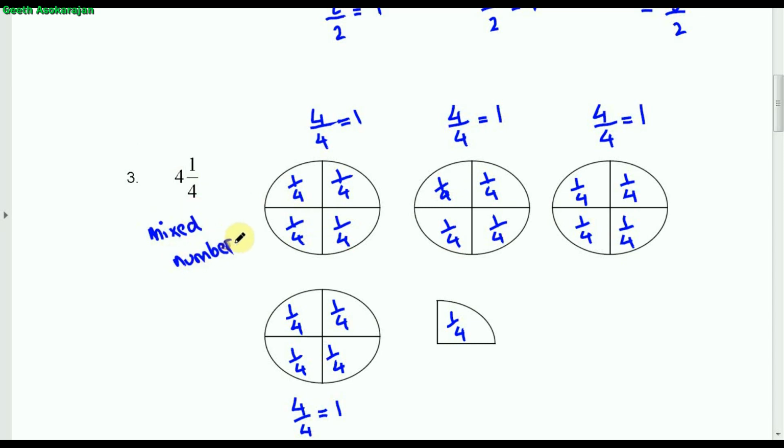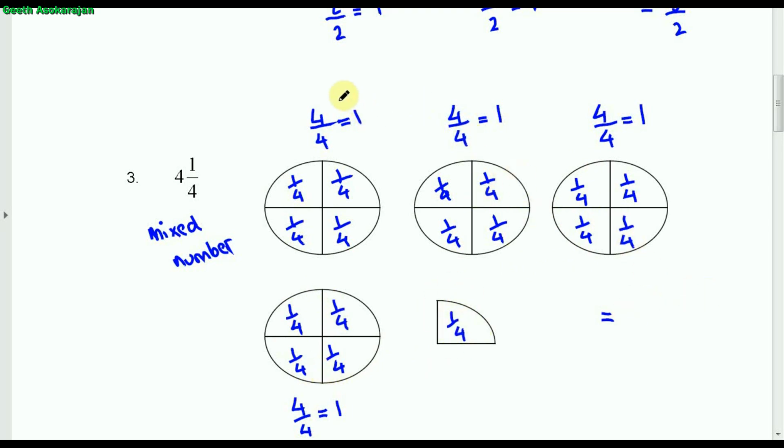And let's write this mixed number as an improper fraction. So as an improper fraction, we have 4/4 plus another 4/4. So 4/4 plus 4/4 is 8/4, plus another 4/4, so 8/4 plus 4/4 is 12/4, plus another 4/4, so 12/4 plus 4/4 is 16/4, plus another 1/4.